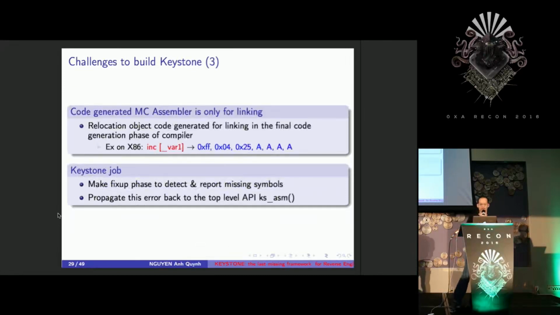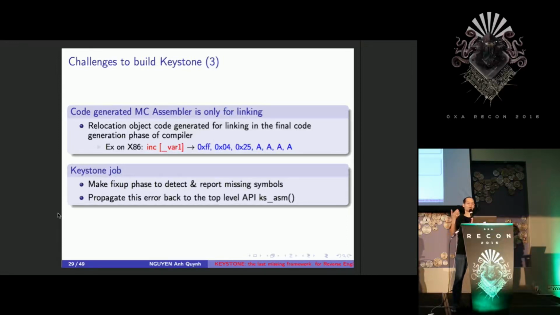So the next challenge is that code generated by MC is only for linking, not the final code that you want. So it builds the relocatable object code, and the code is generated for the next phase in LLVM, the linker. So for example, if you compile inc var1, the result is something like FF0425 and something unknown after that, because the assembler doesn't really know what to put there.